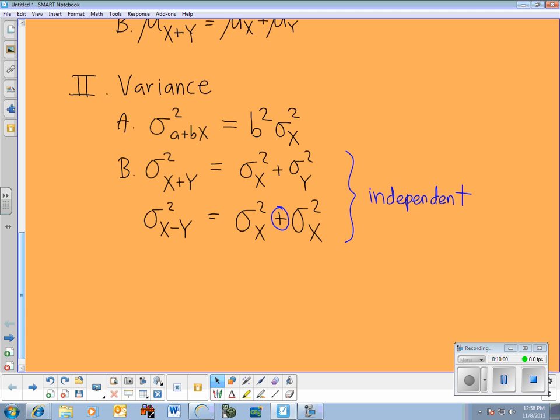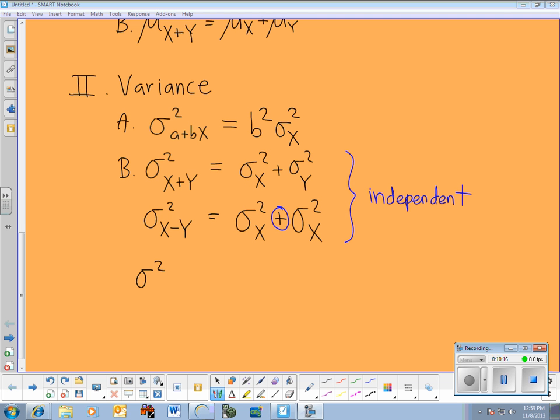So what if they are not independent? If there is some amount of correlation between my two random variables, this is what it's going to look like.